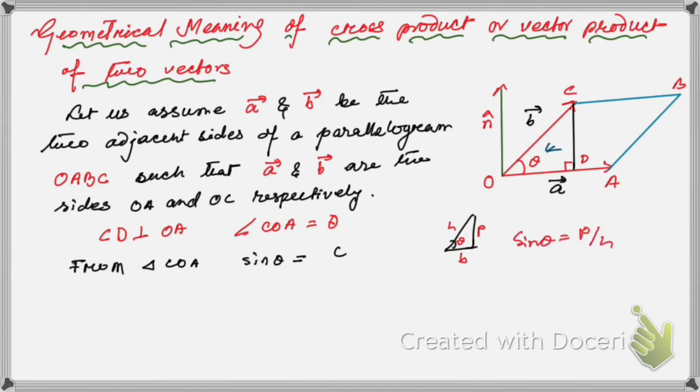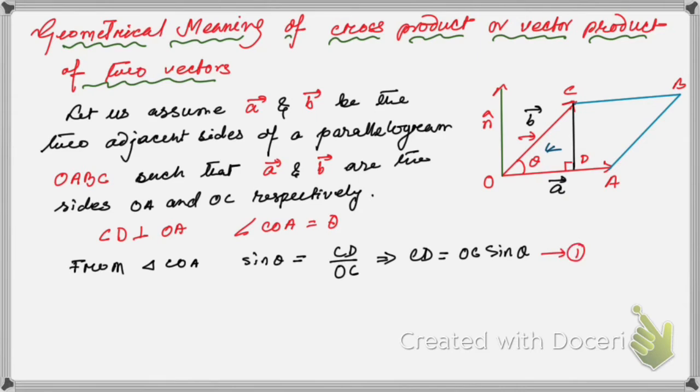Here the hypotenuse is represented by OC, and the perpendicular is CD, right? So sine theta is equal to CD perpendicular by hypotenuse OC, right? This implies CD is equal to OC sin theta. This is equation number 1, right?